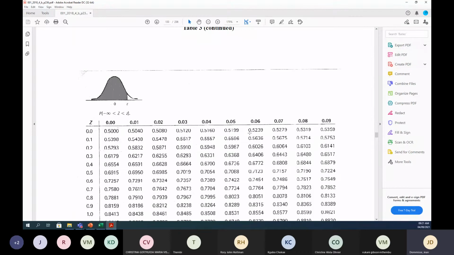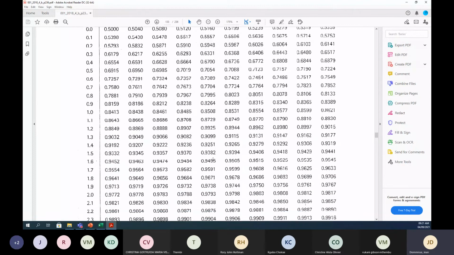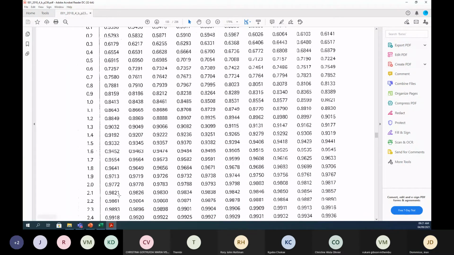So I can do that, and it would be looking for where Z is 0.9878. So it would be 2.2. Okay, this is weird. 2.25.